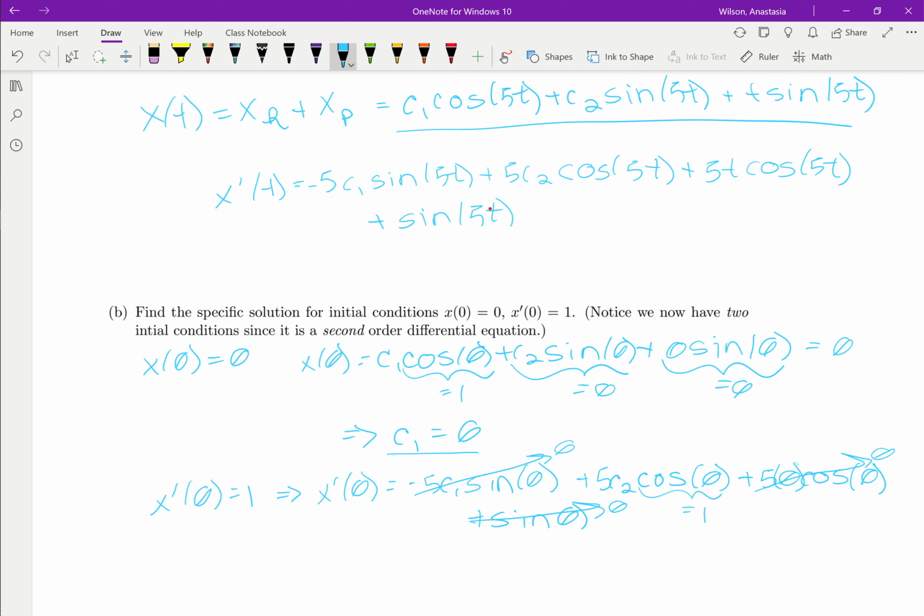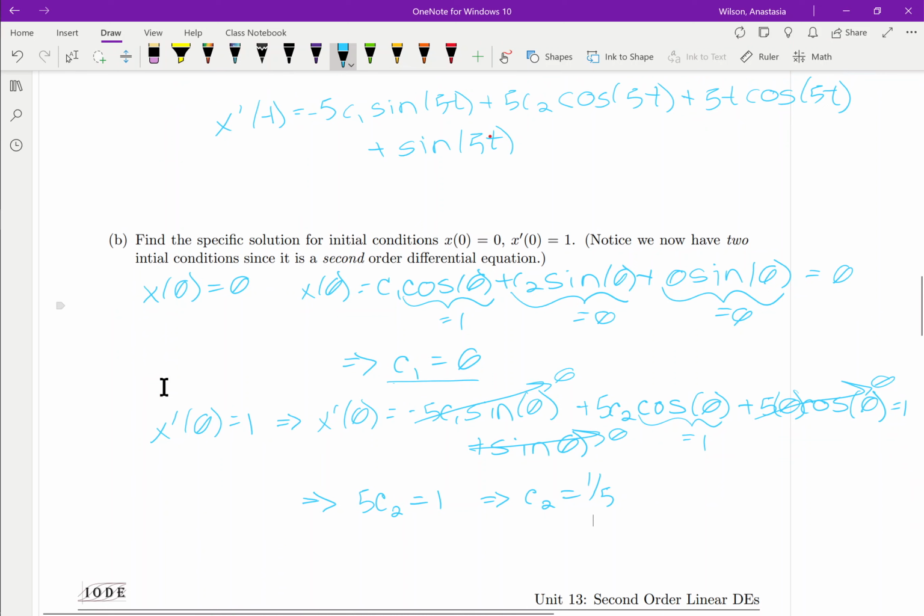Cosine of 0 is 1 again, and this whole thing should equal 1. So this means that you end up with 5 times c2 equaling 1, or c2 is 1/5.